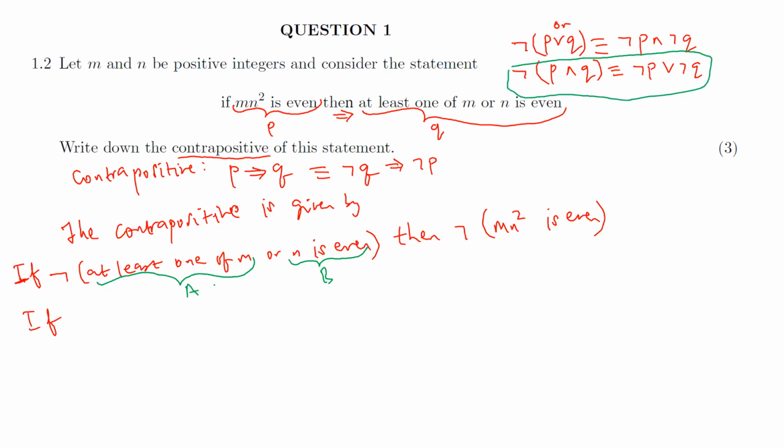Negation of A, well, the first one is the same as the negation of this or that, P or Q. And then if you negate that one, it is the same as not at least one of M, and then you just change the or, it becomes and. Not n is even.